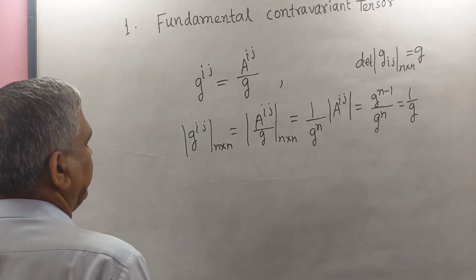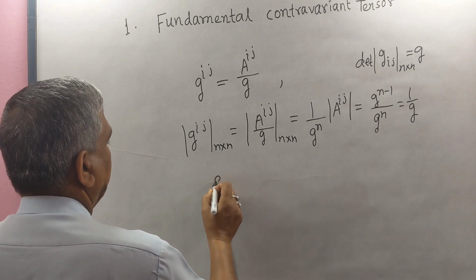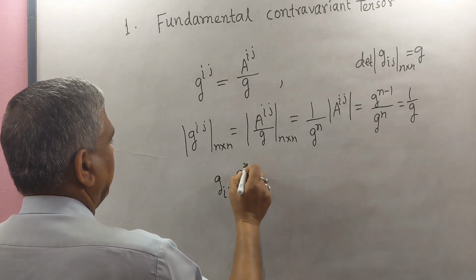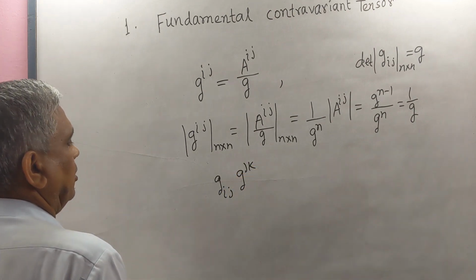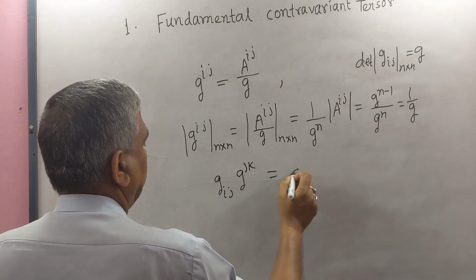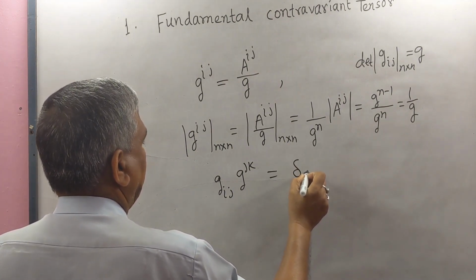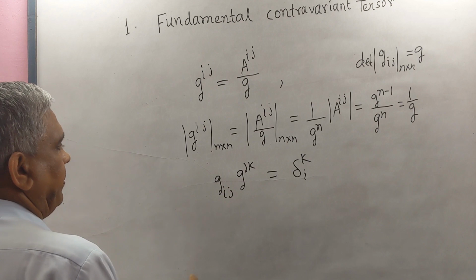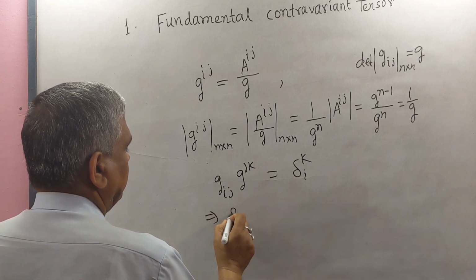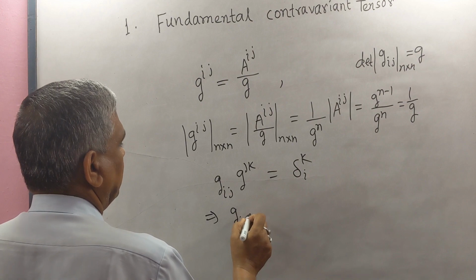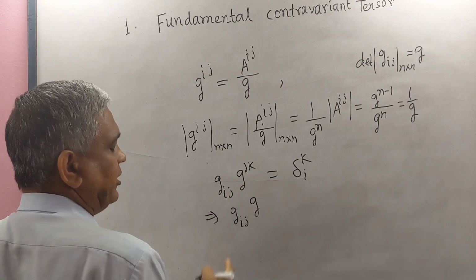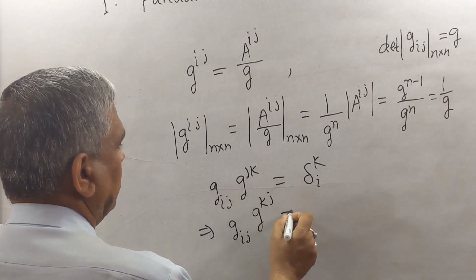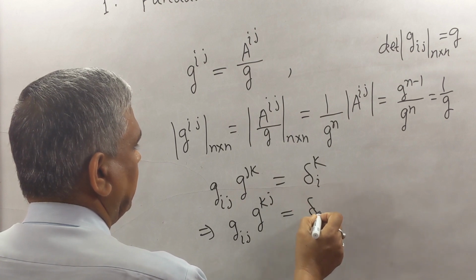Next we know the property of the conjugates as g_ij g^jk equal to delta i k, which implies that g^ij, this is symmetric, the conjugate tensor is symmetric, g^kj g_ij equal to delta i k.